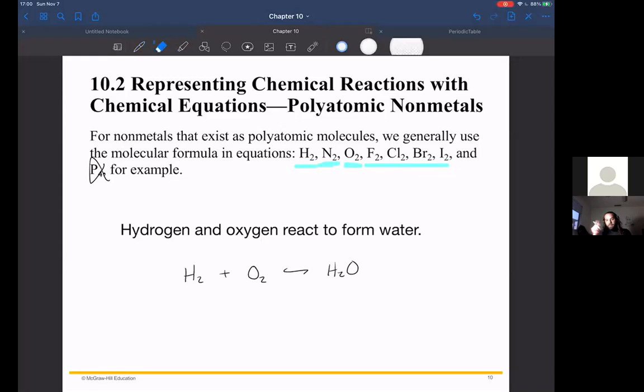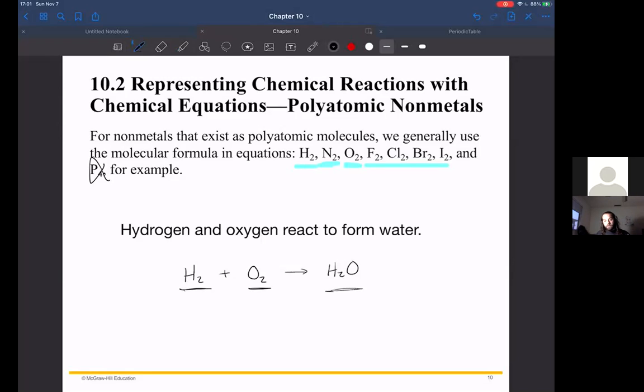You'll see I have this habit of always drawing these double-sided arrows. That is a symbol for an equilibrium reaction. It's kind of above our pay grade at this point, but if you draw the one-headed arrows, that's fine as well. It's just a habit that I have. But anyway, hydrogen and oxygen react to form water. What I really mean is diatomic hydrogen and diatomic oxygen react to form water.